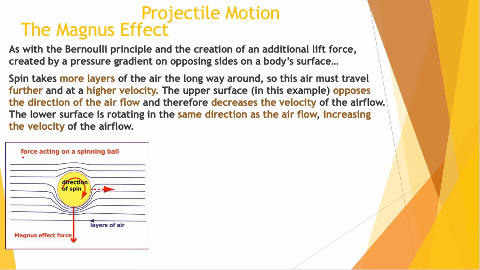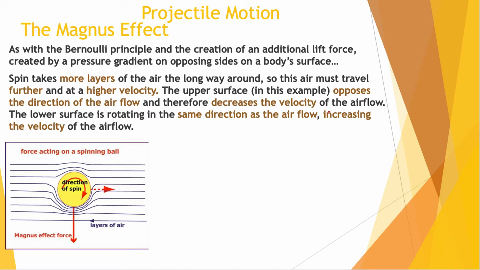In this case, we've got top spin. We can see the direction of the ball is travelling from left to right. The airflow lines are travelling from right to left, and the ball is spinning. It's got top spin. So in this case, the upper surface opposes the direction of the airflow. The upper surface of the ball is travelling left to right, but the airflow is travelling right to left.